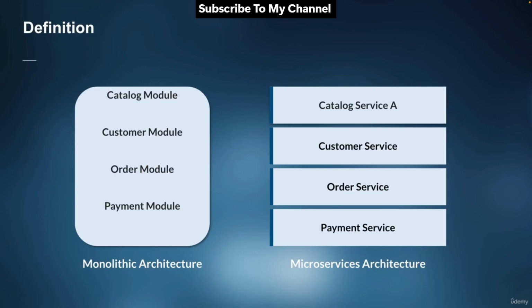To better understand the difference between microservices and monolithic applications, consider the example of building an e-commerce platform. Typically, such a platform contains several functionalities, namely catalog to serve and display available items, customer to handle customer-related functionalities, order to manage orders happening on the platform, and payment to allow online payment functionalities.